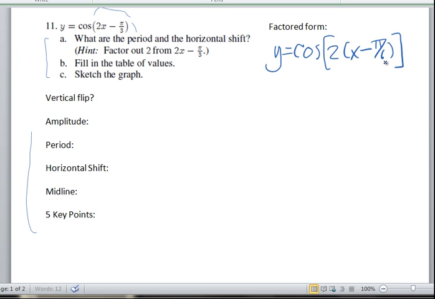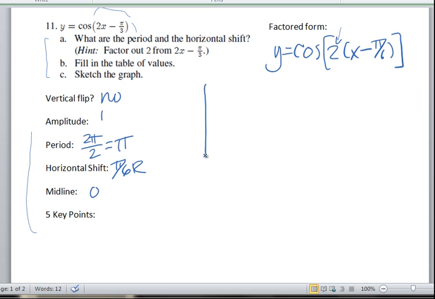Now I've separated out the horizontal shift from the period information, the horizontal compression information. Is this thing vertically flipped? No. What's my amplitude? It's 1. My period is 2 pi over b, so 2 pi over 2 is just pi. My horizontal shift is pi over 6 to the right. My midline is 0.